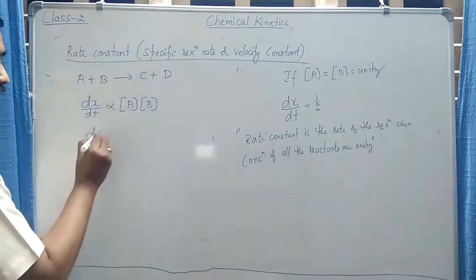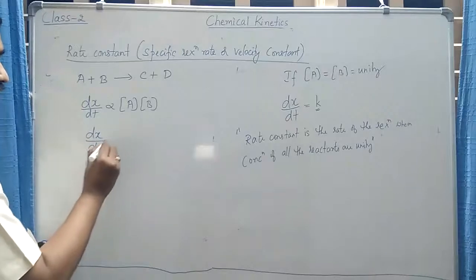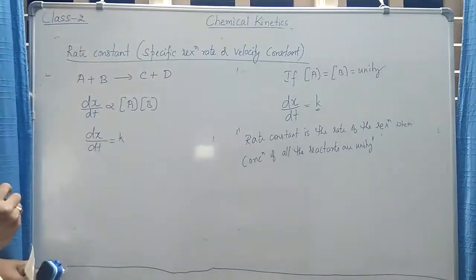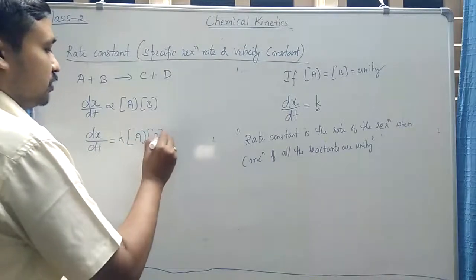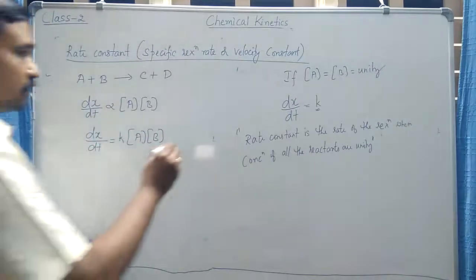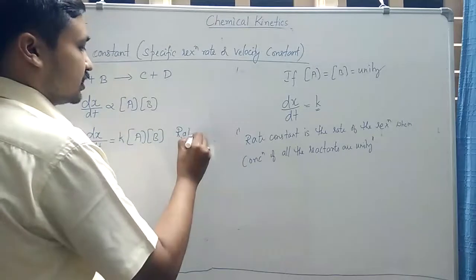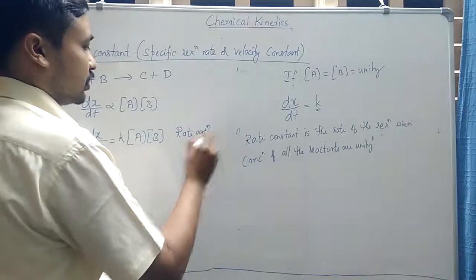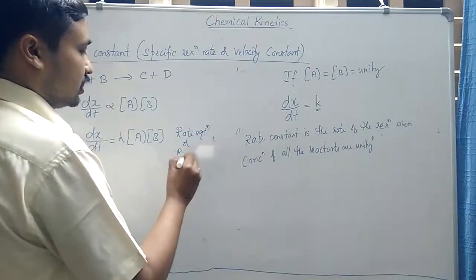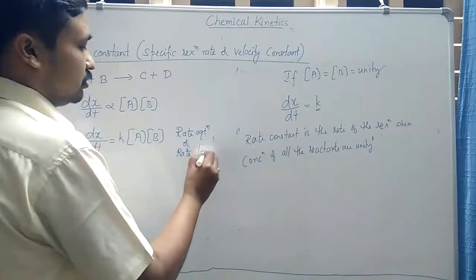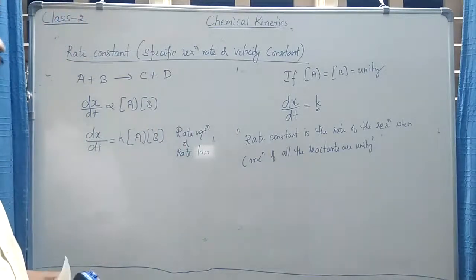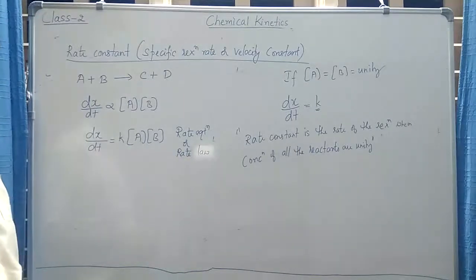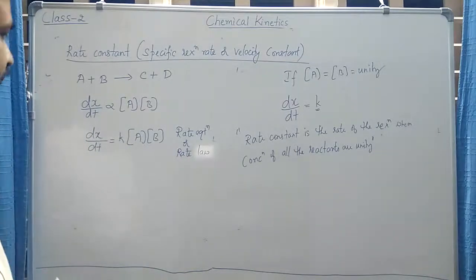If I remove the proportionality sign, dx by dt is equal to k, the rate constant of the reaction, into [A] into [B]. This equation is called the rate equation, or rate law. Please remember these terminologies because we will be frequently using them.